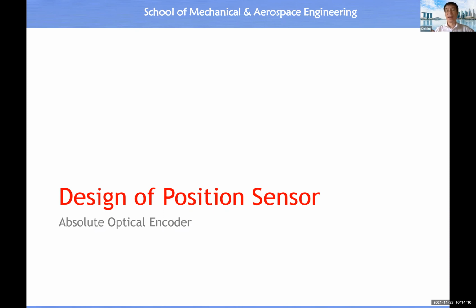Now we are going to study a few cases in which we are going to learn the background knowledge behind the design of some typical sensors in robotics. We start with the position sensor, and in particular we use this absolute optical encoder as an example for us to know the background knowledge behind the design of a position sensor.